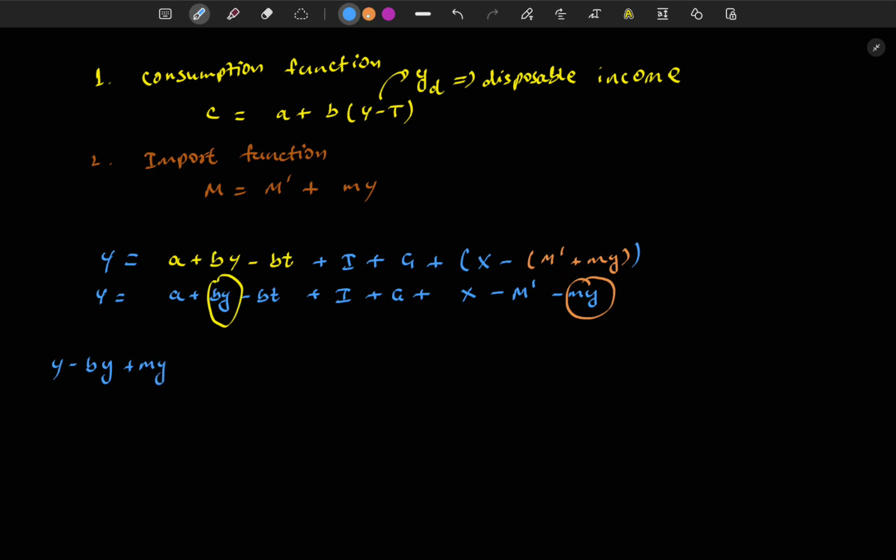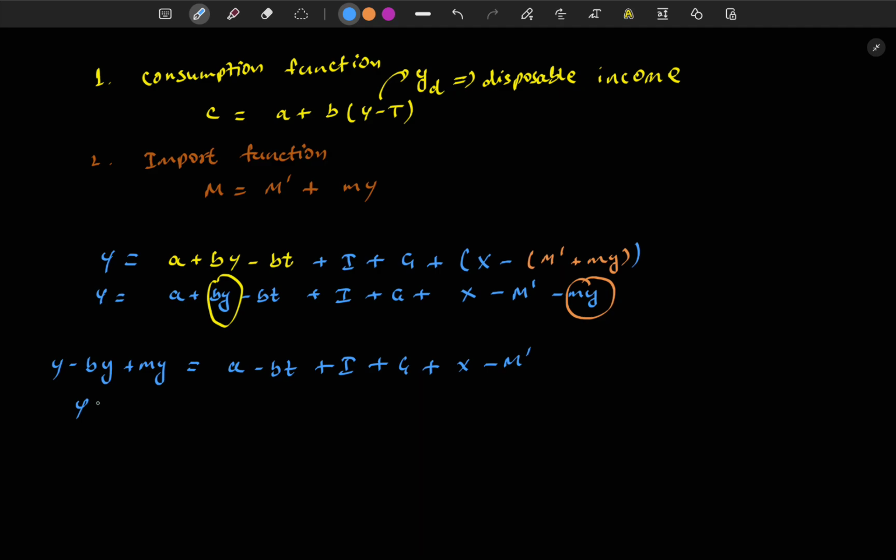This is equal to A minus BT plus I plus G plus X minus M dash. Next we take Y common from this side of the equation.